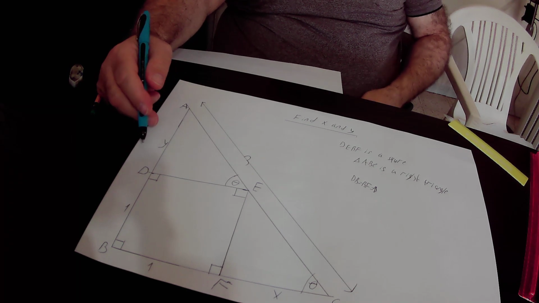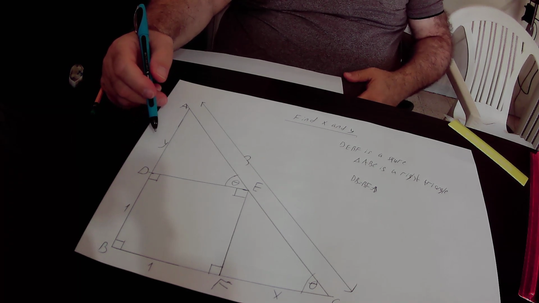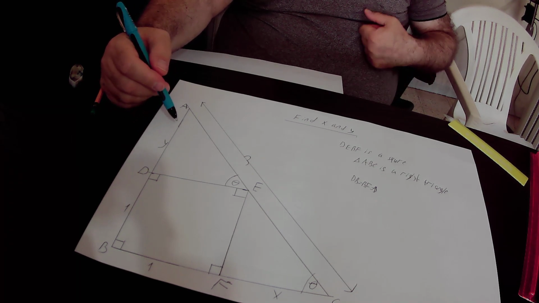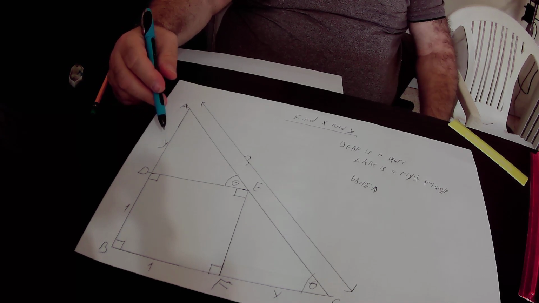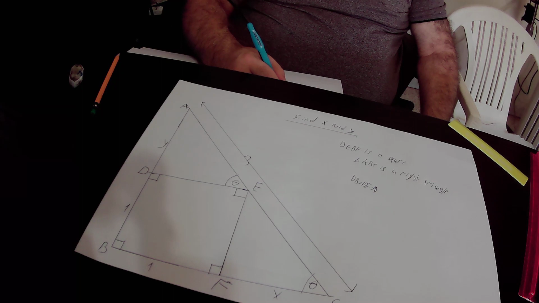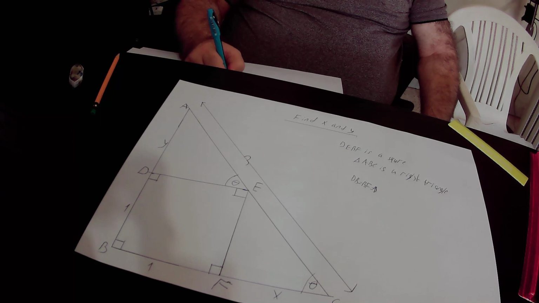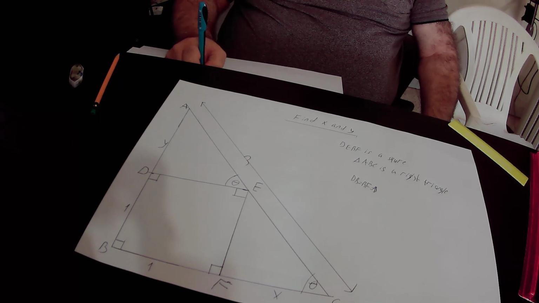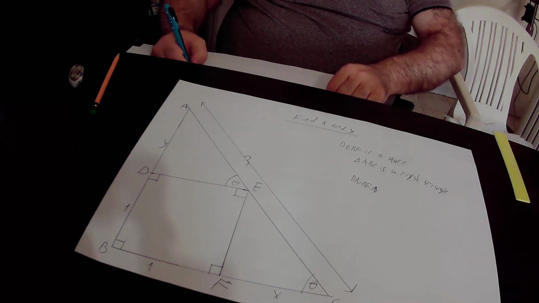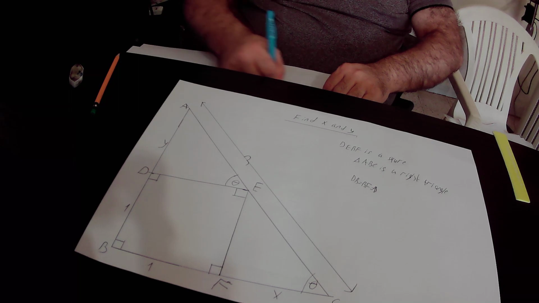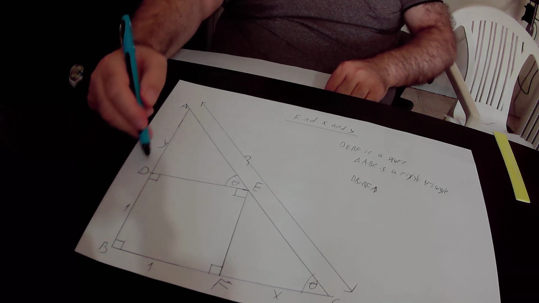Side AB is one side of the right triangle ABC, therefore side AB is absolutely a straight line.